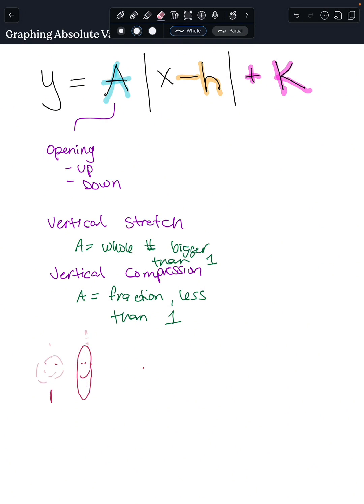Now, let's talk about H. H determines your horizontal shift.